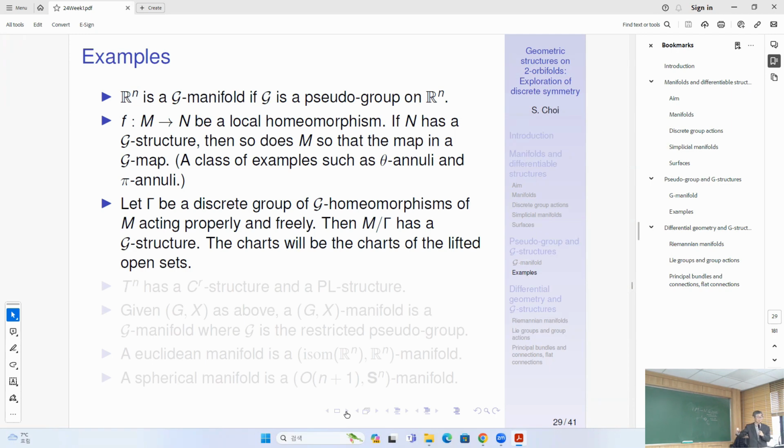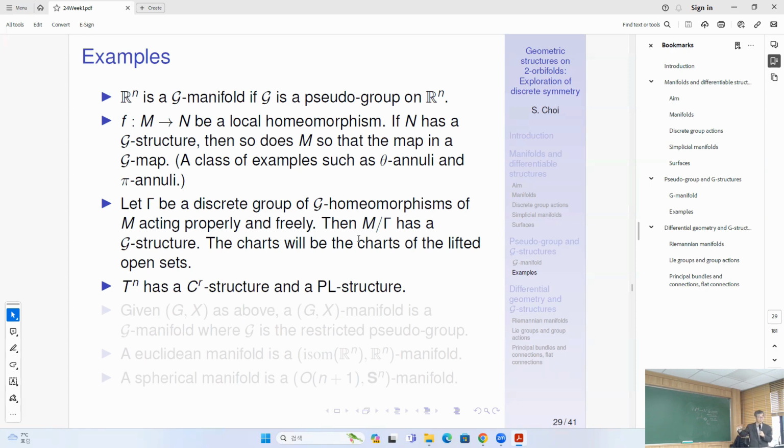Suppose M has a G structure, and gamma is a discrete group of G self-homeomorphisms. Then the quotient has a G structure, and of course the quotient has a manifold structure, and the charts will be the charts of the lifted open sets. This is a good way to obtain G manifolds.